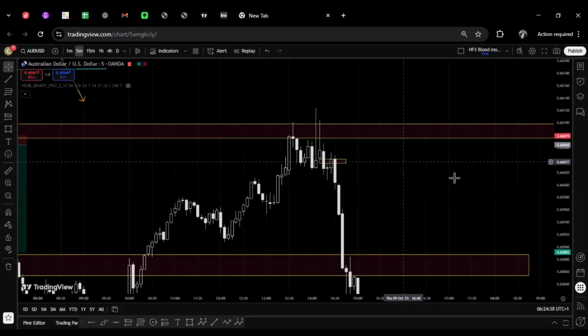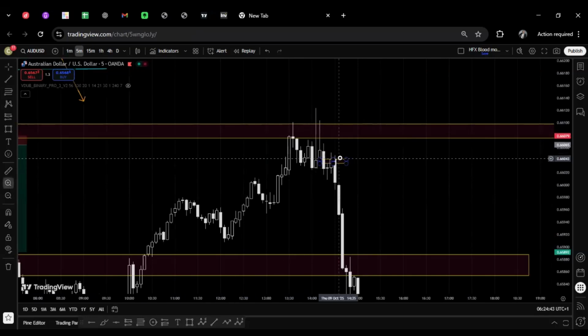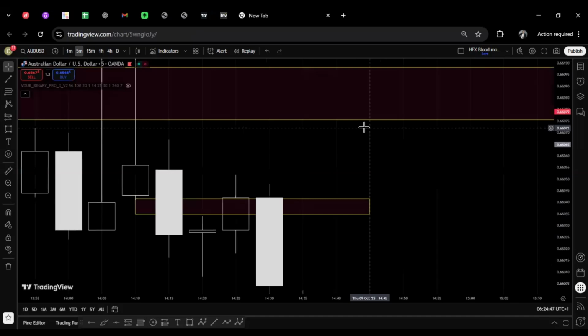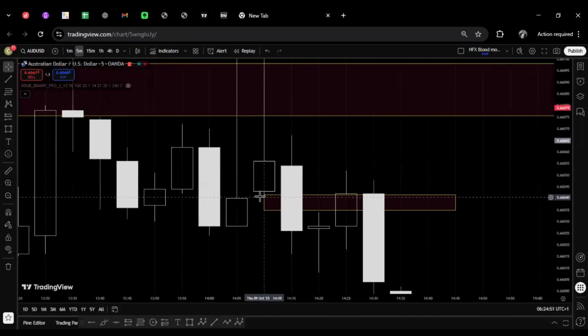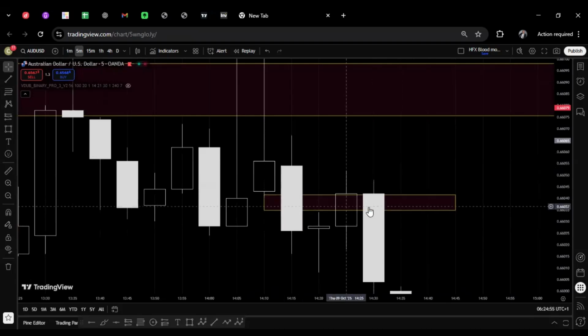In this particular case, let's zoom it out so that you can see the high and low of this. You said take the entry. Your point is once the market gets into this zone, and what's the price of this zone? 0.6337.